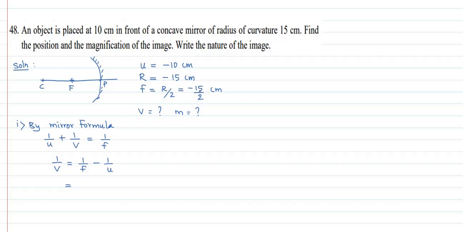F is minus 15 by 2, so 1 by F will be minus 2 by 15. U is minus 10, so this is plus 1 by 10. If you simplify, the LCM will be 30, so minus 4 plus 3, you will have minus 1 by 30.